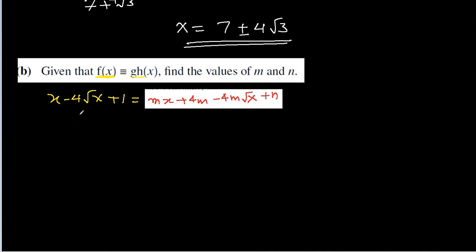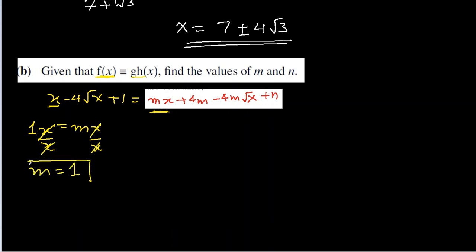So now you can see that this x is matching with this term, right? There's no other x here. That means 1x, which is this, is equal to mx on the right side. No other way they can be equated. And that means if we divide both sides by x, they get cancelled out, right? So m comes out to be 1. Straight away we got the value of m equal to 1.